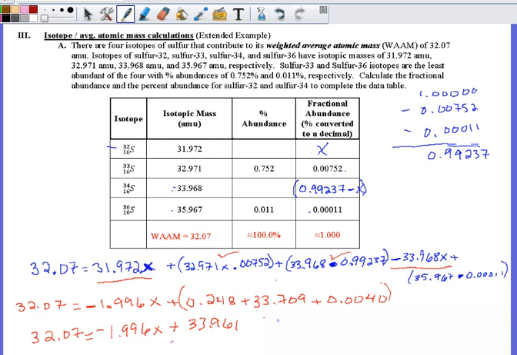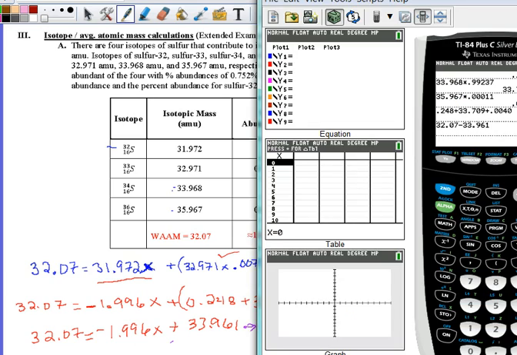So I can simplify this a little bit. Negative 1.89 equals negative 1.996x. So that's what that becomes. Now I can divide both sides by this negative 1.996 and I'll have x. So x equals, and I will do that.